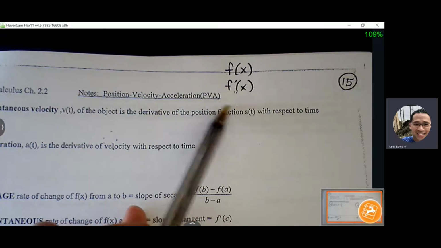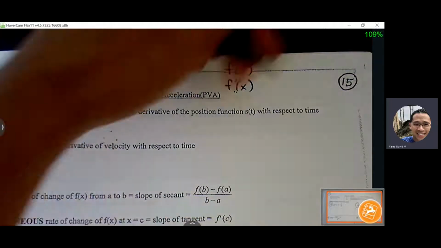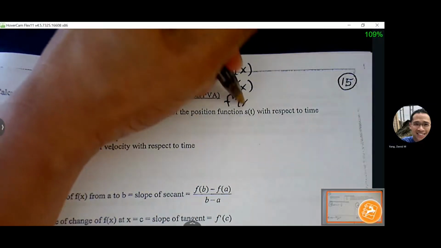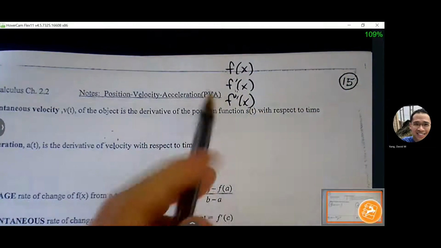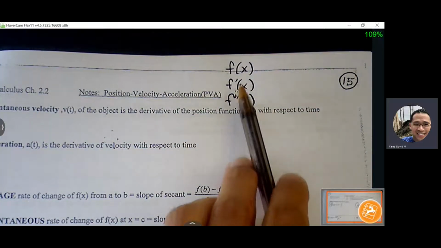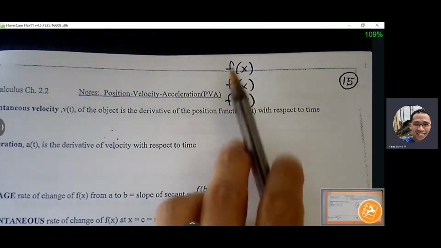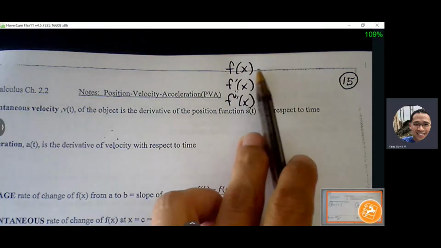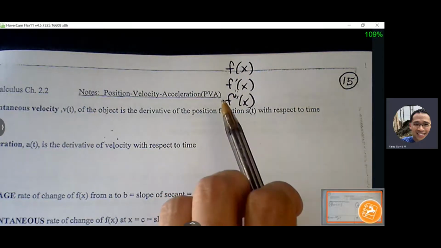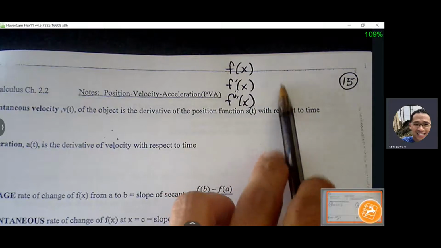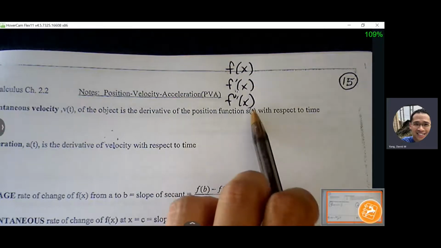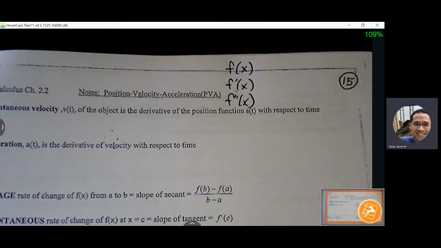But we can even go one step further. We can find the second derivative, f double prime. We can think of this as the rate of change of the first derivative. One particular relationship between these 3 functions makes it more concrete, even though it doesn't mean that every relationship we're going to have is going to be position, velocity, acceleration.